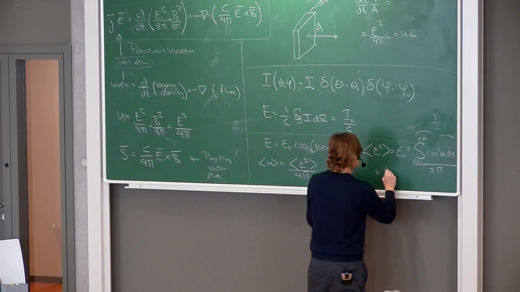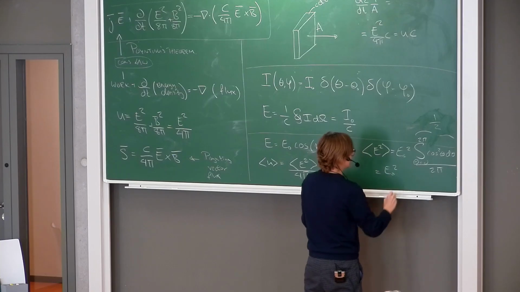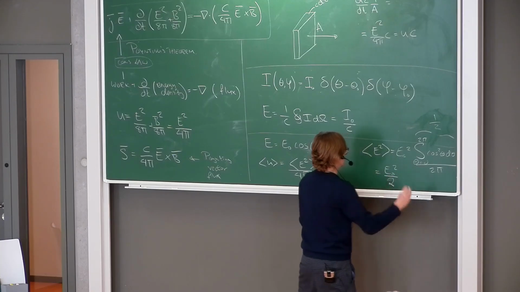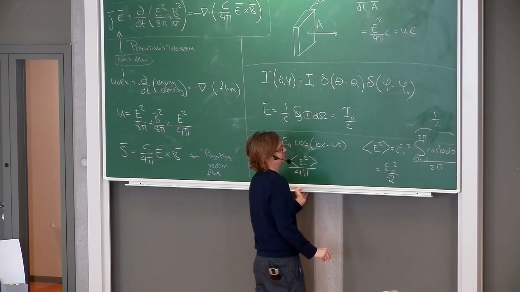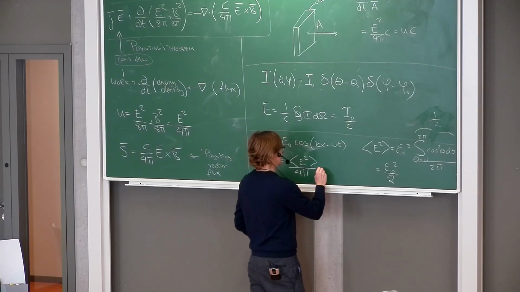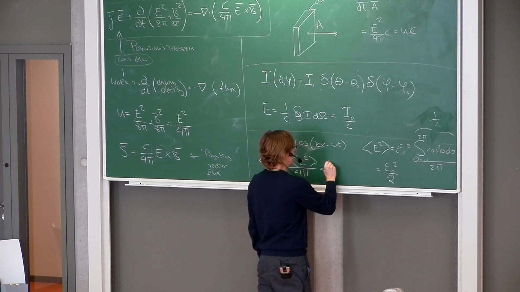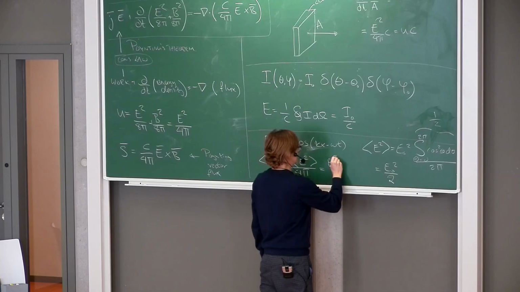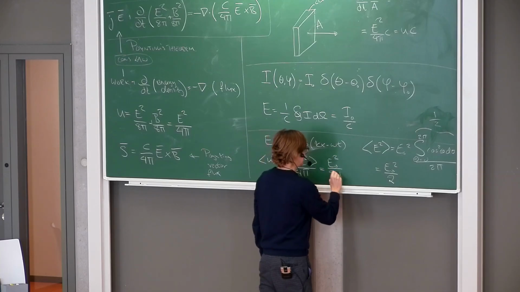So this is just E0 squared divided by 2, which means that the energy density here, the average value, is E0 squared divided by 8 pi.